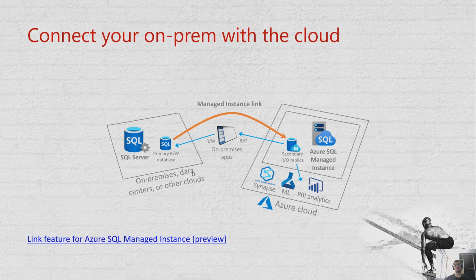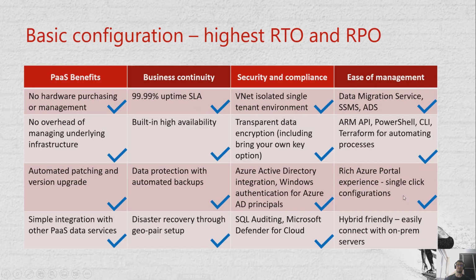SQL Managed Instance becomes a secondary that can be used as a read-only replica or can be used for integrating with other Azure services hosted in Azure Cloud, like Power BI, machine learning, synapse, and so on. So a bunch of new scenarios are now unlocked with this hybrid setup. And with this, we have covered the last box in the matrix of managed instance capabilities organized into the core pillars.